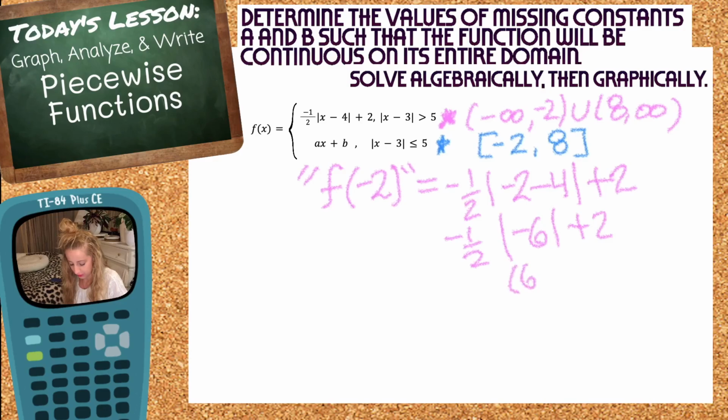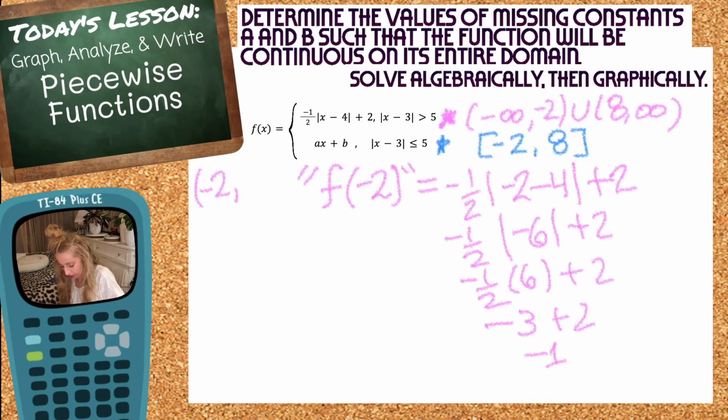The absolute value of -6 is 6. -1/2 times 6 plus 2 is -3 plus 2, and that is -1. So what does that mean? That means the ordered pair would be -2 for x, comma, -1 for y. So that's where the one graph ends.